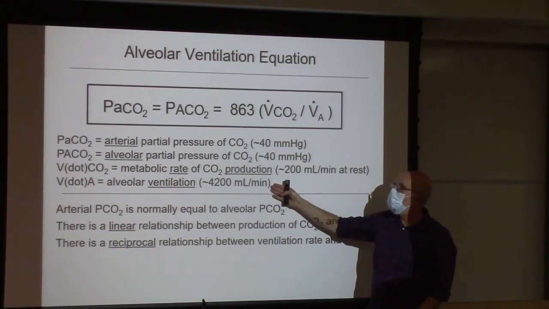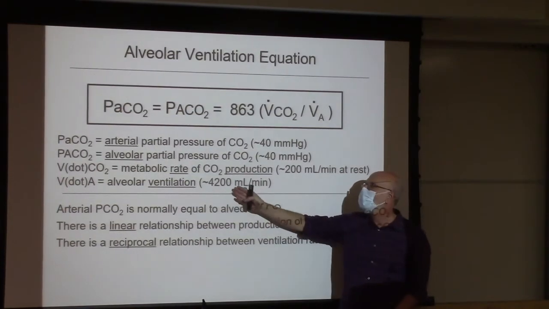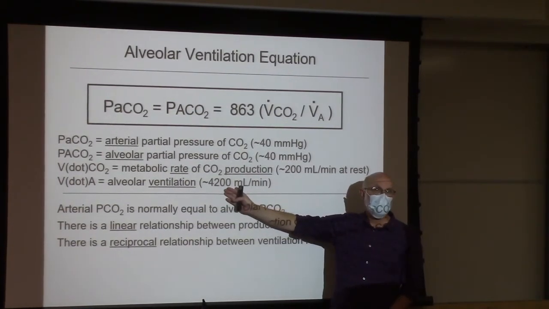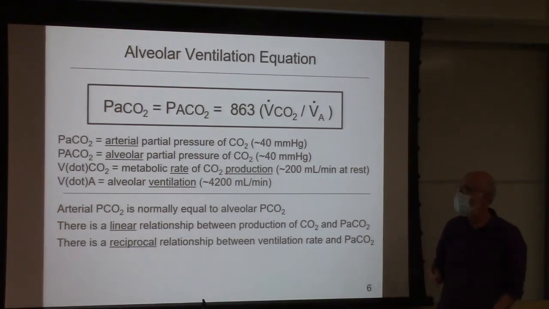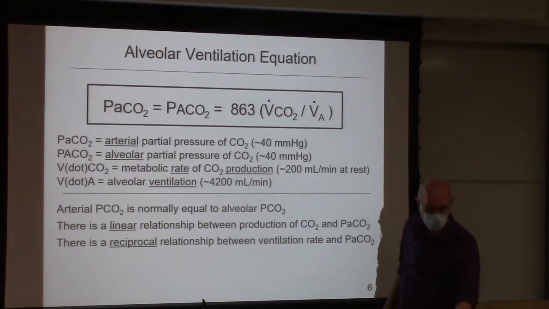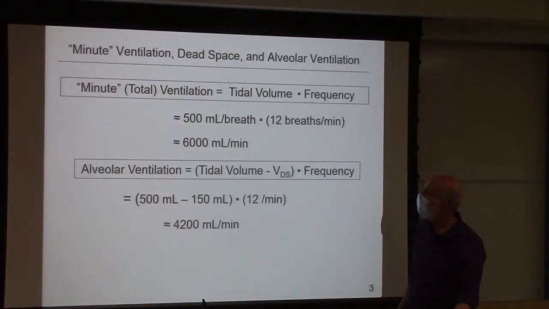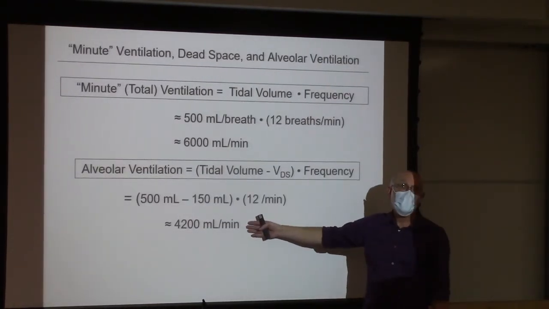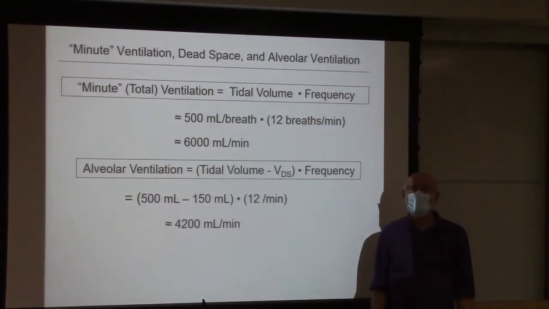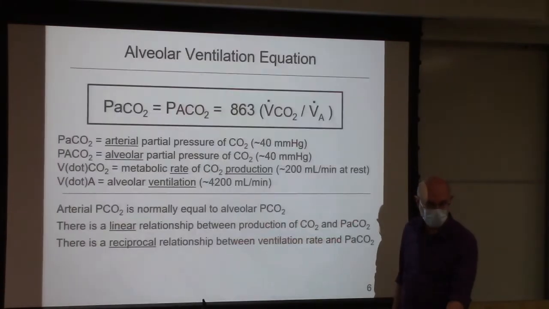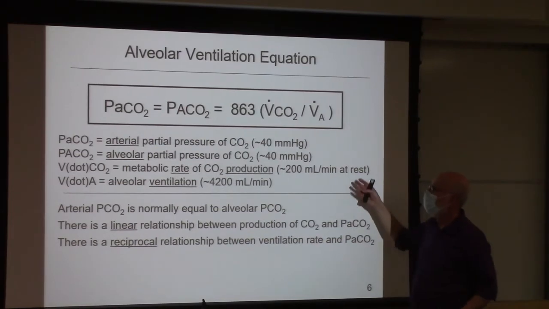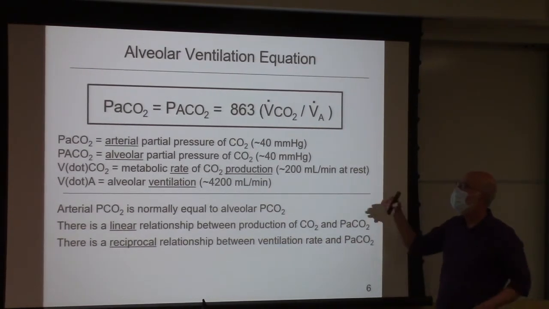Alveolar ventilation, typical resting value is 4,000 milliliters per minute. We saw that on an earlier slide. So this alveolar ventilation is the same as this alveolar ventilation, just calculated a different way. So what do we learn from this?